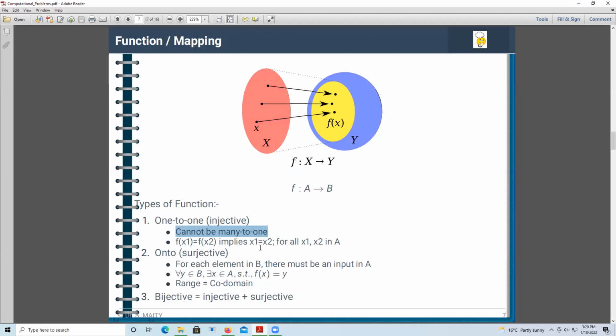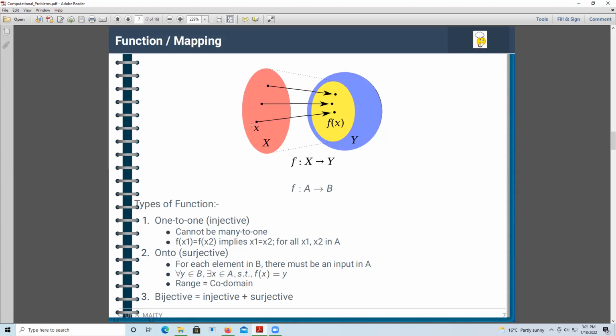That means, in other words, you cannot get two different values x1 and x2 in the domain for which f(x1) is equal to f(x2). So this is the mathematical definition. You cannot get two different values here which map to the same element in the codomain.